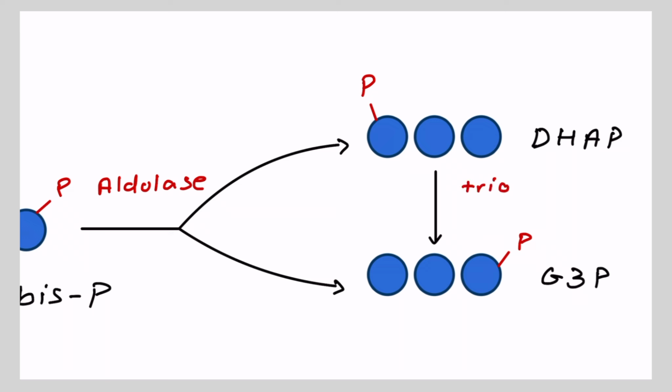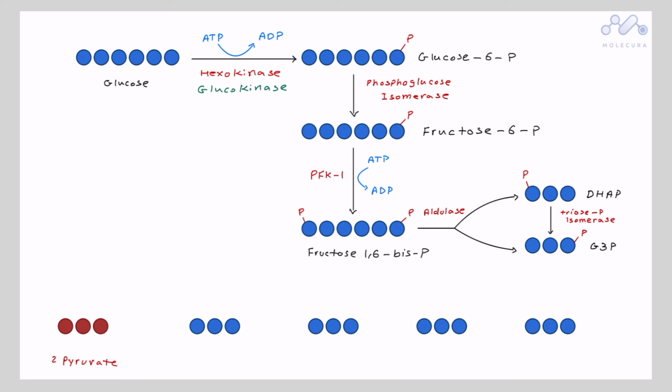Triose phosphate isomerase is going to isomerize DHAP, which is dihydroxyacetone phosphate, into glyceraldehyde 3 phosphate.